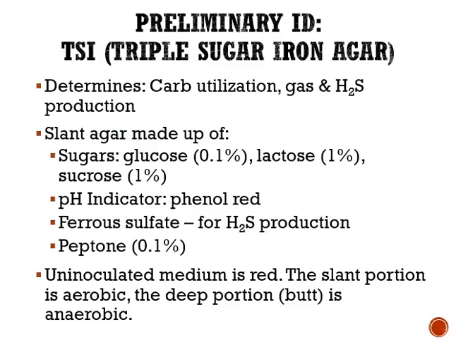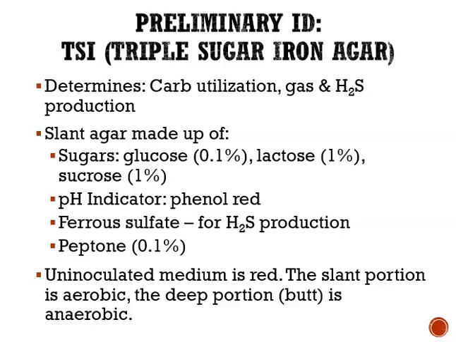The pH indicator in this one is phenol red, so it will turn yellow at a pH below 6.8. That means acid has been produced in response to utilization of the sugar. There's also ferrous sulfate, which helps us detect production of hydrogen sulfide gas. And then there's also a 0.1% concentration of peptone in the media, which is a protein.